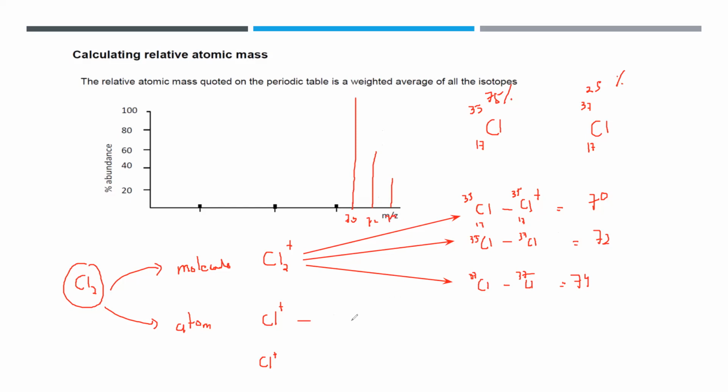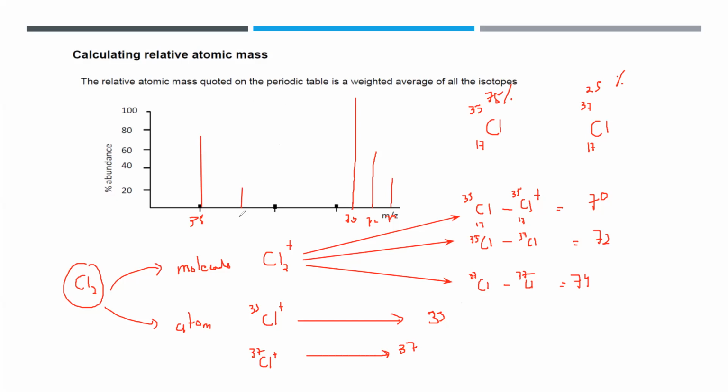That's due to the molecule. But you will get peaks because of the atoms as well. Maybe the atom has atomic mass 35, so you will get a peak at 35. Maybe it is 37, so you will get a peak at 37. The percentage of 35 is 75%, so the peak at 35 will be higher, and the peak at 37 will be lower.